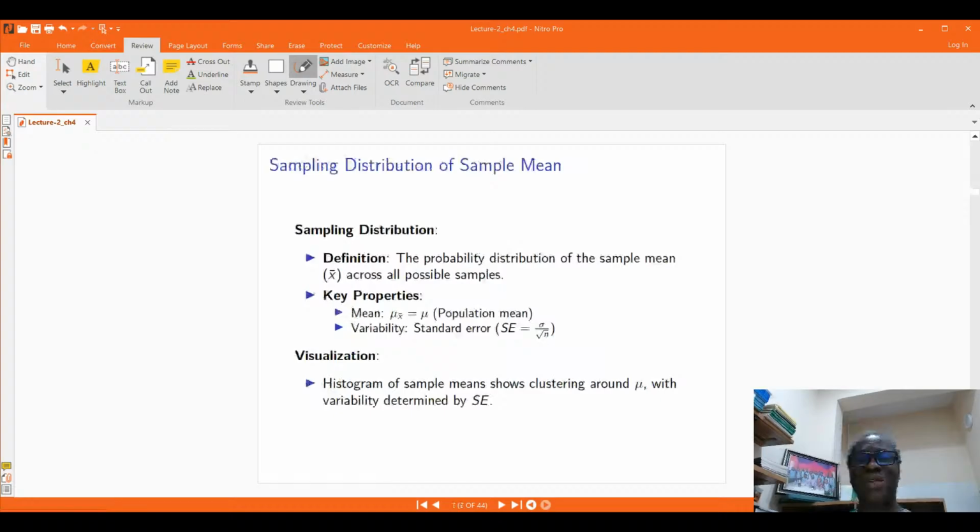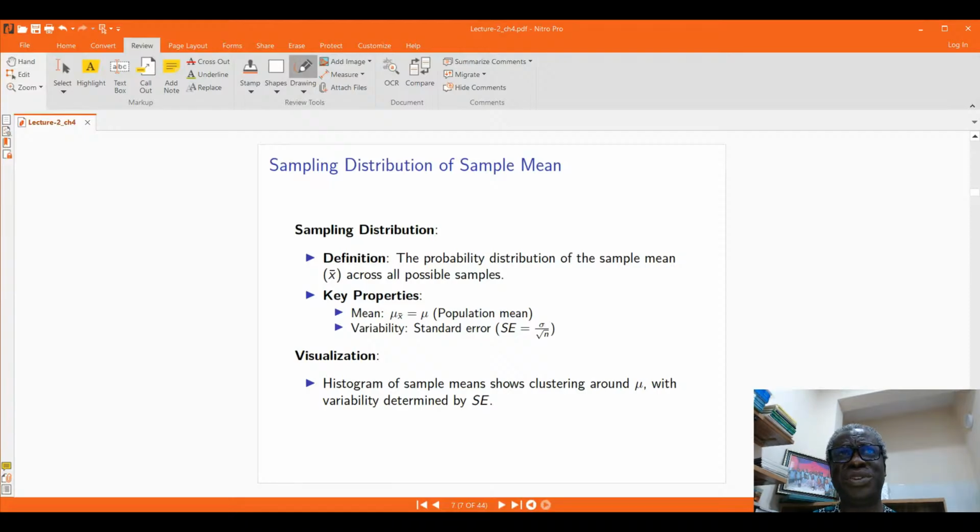So we can now study the sample means and make a general statement about the distribution of these sample means.